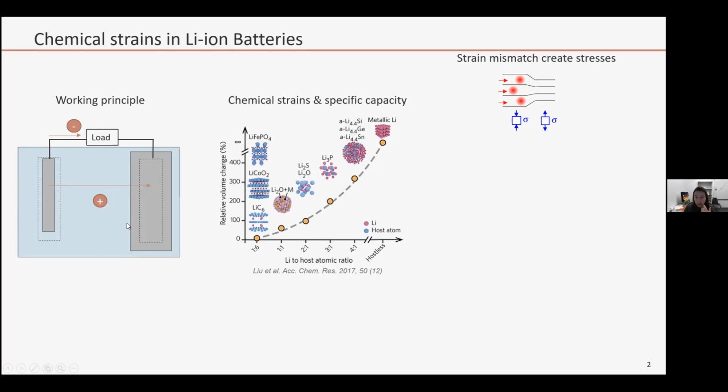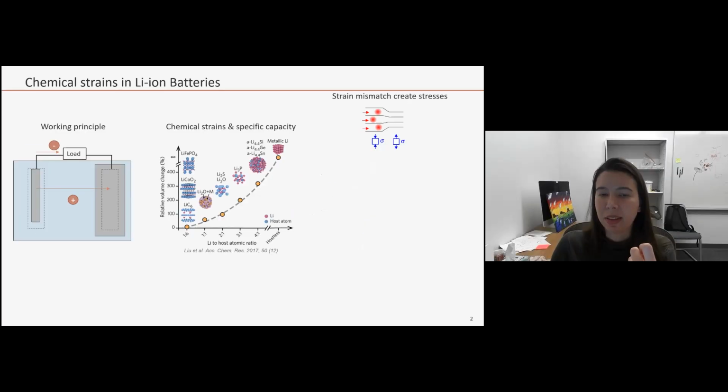The more ions you can pack in there, the more energy storage specific capacity you have. The trade-off is that the more lithium you try to pair with the host, the more the host will have to expand to accommodate those new chemical species inserting in that material.